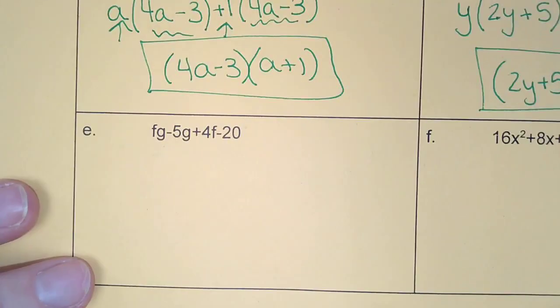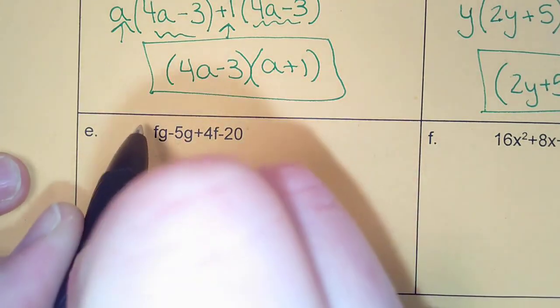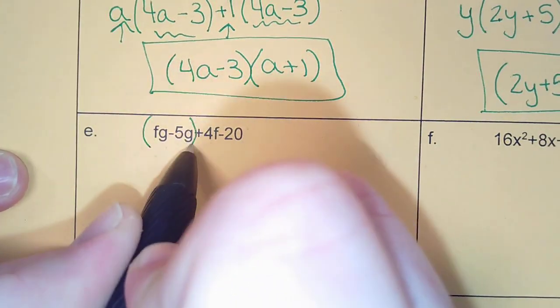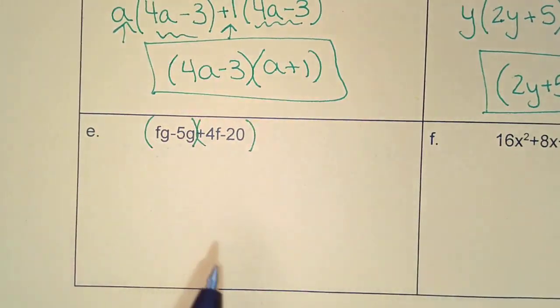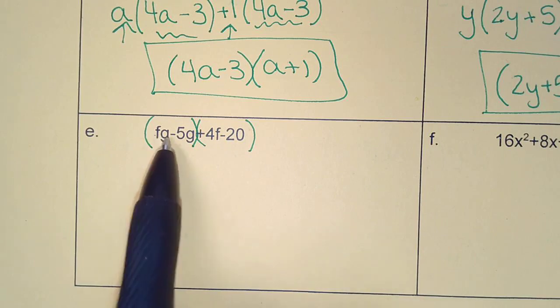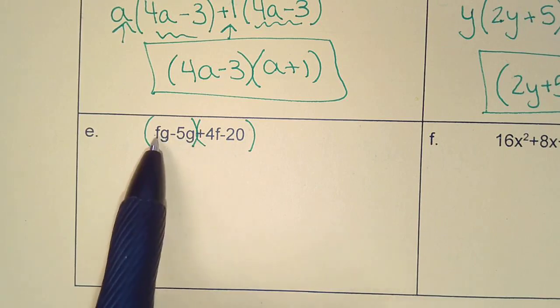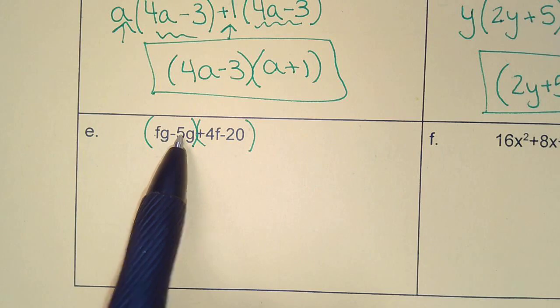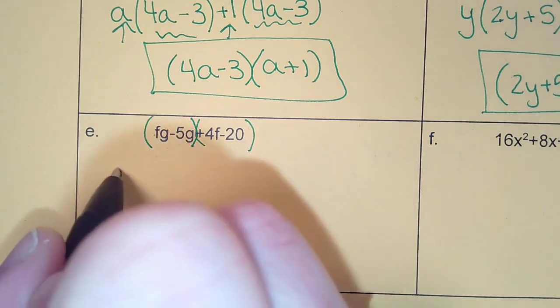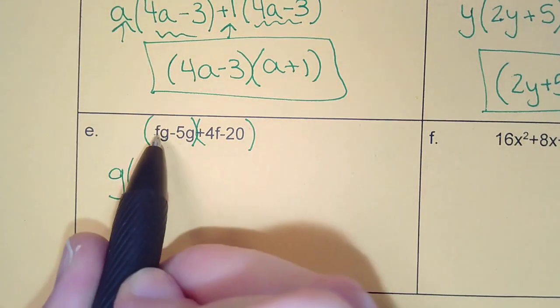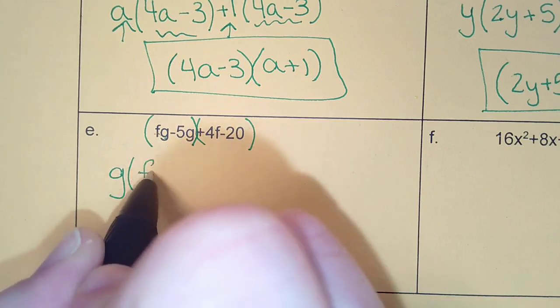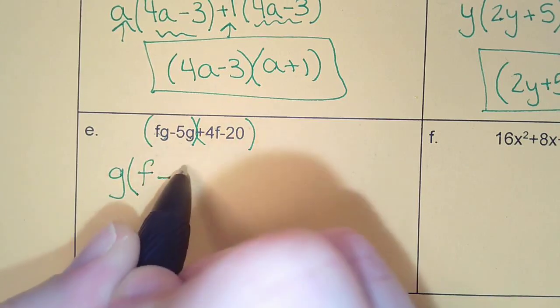2 more here. All right, so this one we just have some more letters. First together, last together. This one has an F and a G. This one has a 5 and a G. So I can't divide out any numbers, but letters, they both have a G to divide. So this one, the G cancels, so I'm left with F. This one, the G cancels, so I'm left with minus 5.